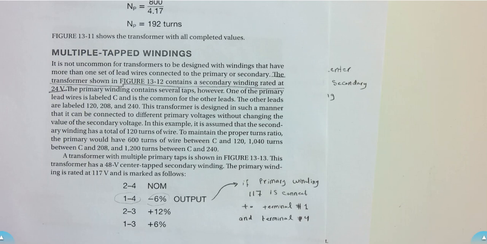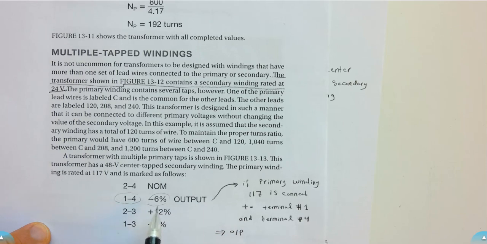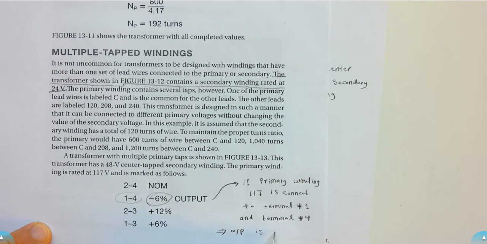the output will be less by 6%. That means the output is 94%.